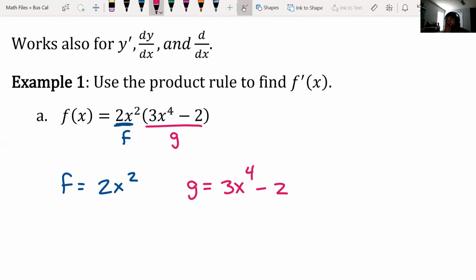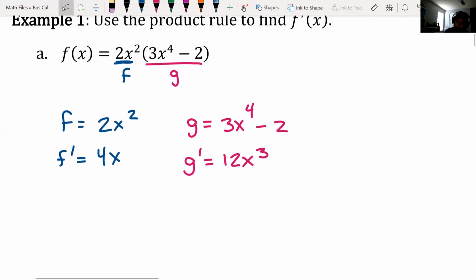Now we take the derivative of f and g. The derivative f prime, the derivative of 2x squared, is 4x. And g prime, the derivative of g, is going to be 12x cubed.